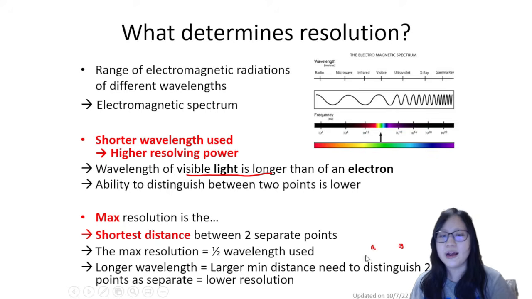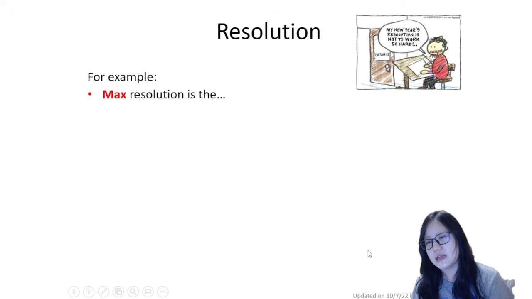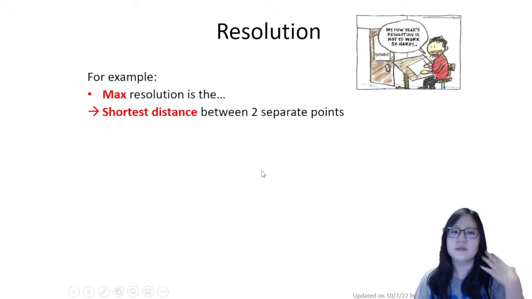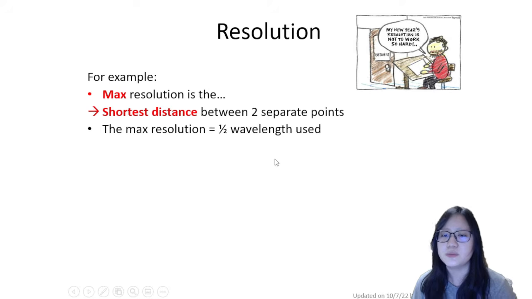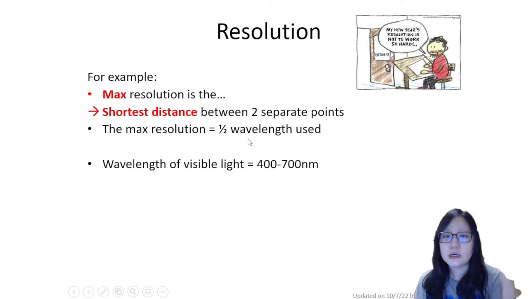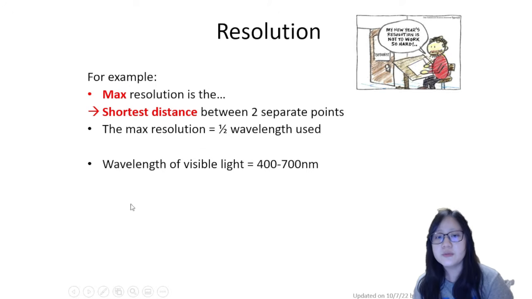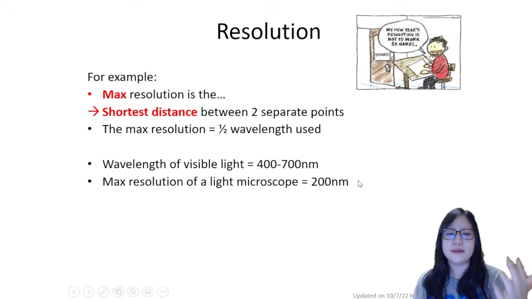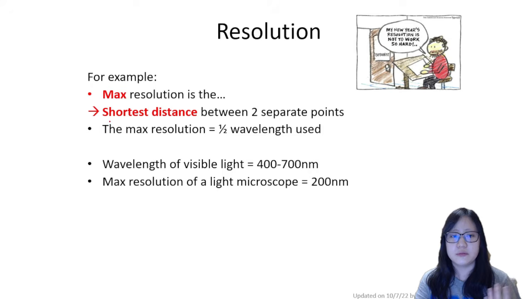Okay, what am I talking about? Let's look at an example in numbers, right? So max resolution again is the shortest distance between 2 separate points to be seen as separate. Now, if max resolution equals half the wavelength used, and the wavelength of visible light is around 400 to 700 nanometers, there's a range there, then the max resolution of a light microscope will be half of that because of this formula here, right?